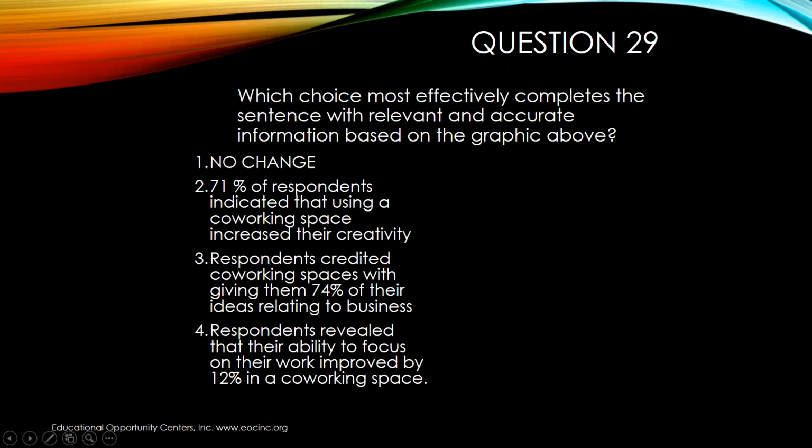At this point, the writer wants to add specific information that supports the main topic. Which choice most effectively completes the sentence with relevant and accurate information based on the graph?